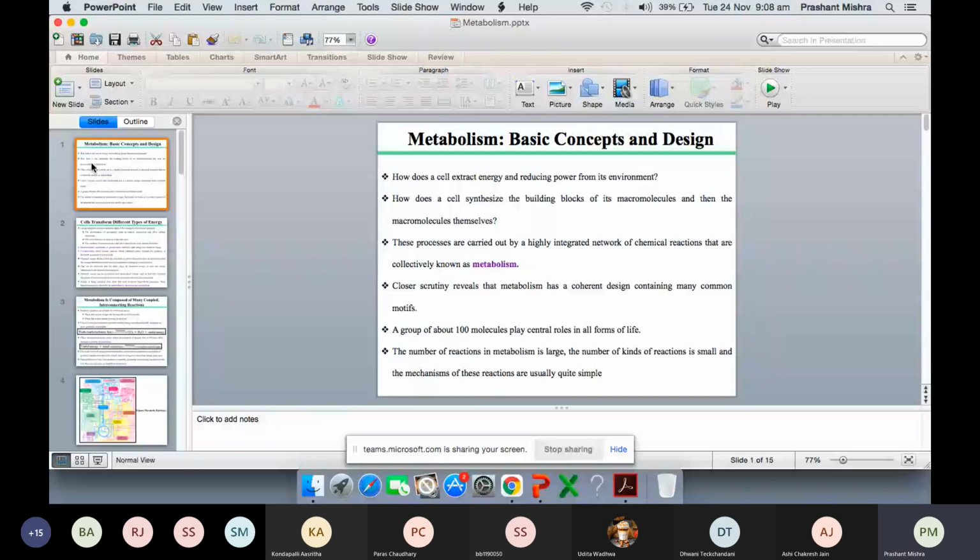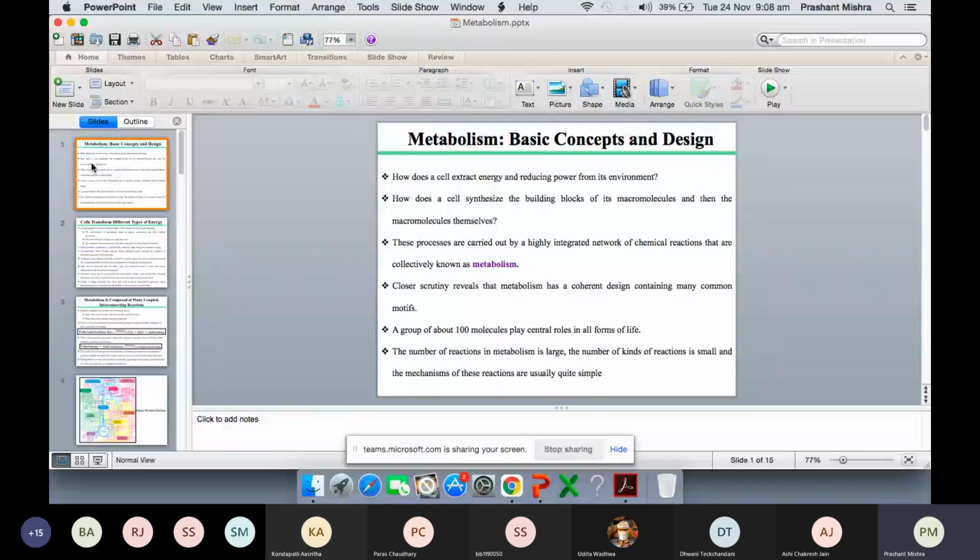So if you look at this, there is a coherent design in the system. That means the cell is carrying out these processes by a certain design, and that is where we are going to talk about metabolism, basic concepts and design.